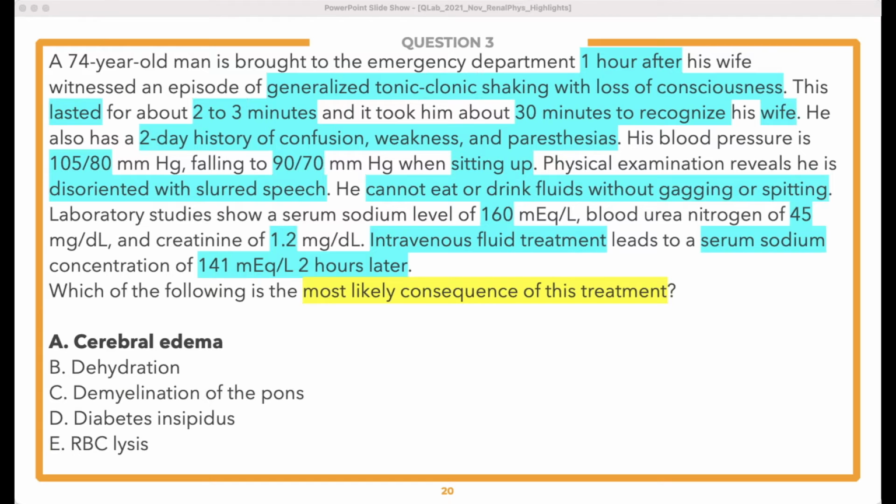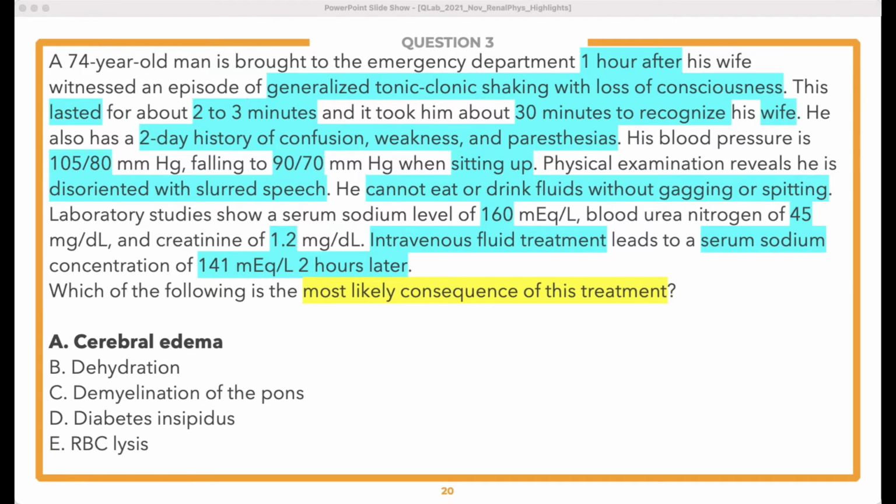Now this changed almost 20 just 2 hours later. You do not want to correct it more than 12 milliequivalents in a 24-hour time span, let alone 20 in a 2-hour time span. That is way too fast. That is a rapid correction.